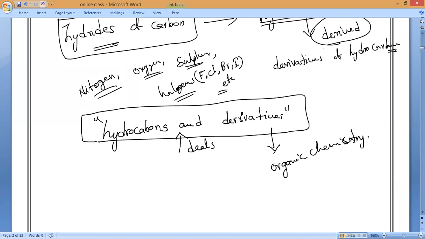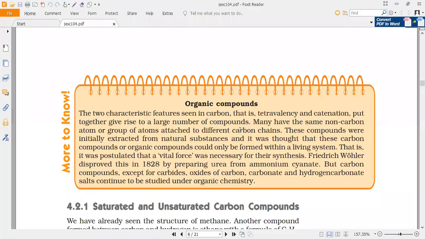Now, if you notice in our NCERT book, after studying this we go to the types of compounds called saturated and unsaturated. If you read this paragraph, you will have everything we have discussed till now. What are the four properties of the versatile nature of carbon?